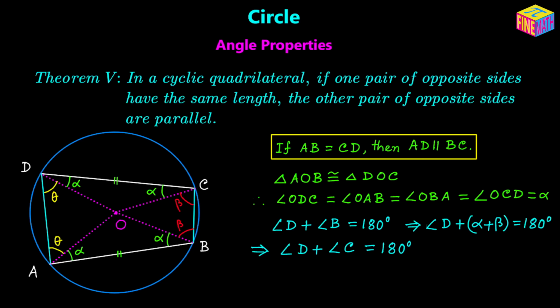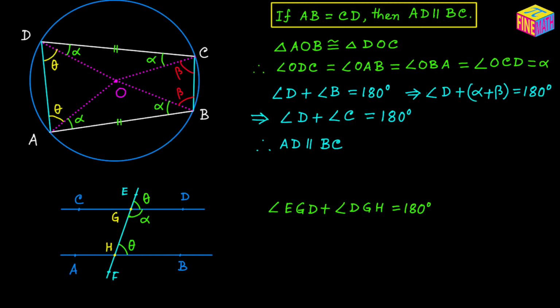Now if you want to quickly see what that property is, I have a diagram here. I have AB parallel to CD, and then EF is the transversal. So then angle EGD plus angle DGH will be equal to 180 degree because that will be just one straight angle, and angle EGD has a corresponding angle which is GHB.